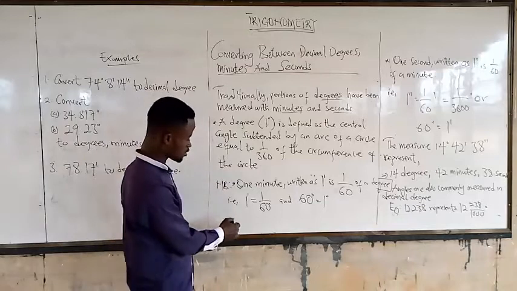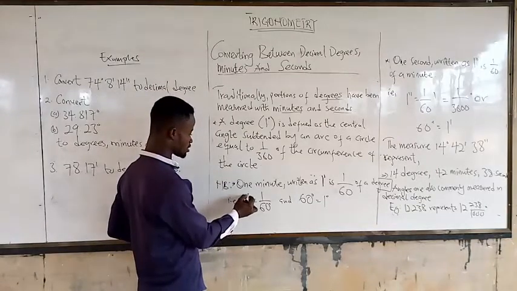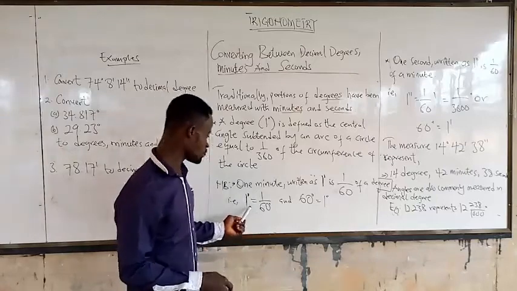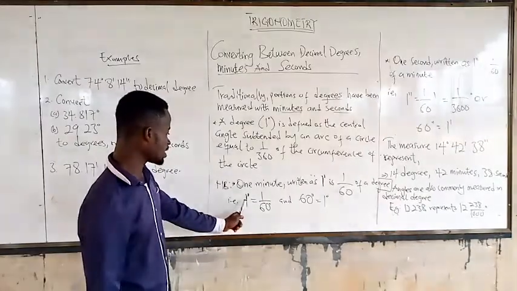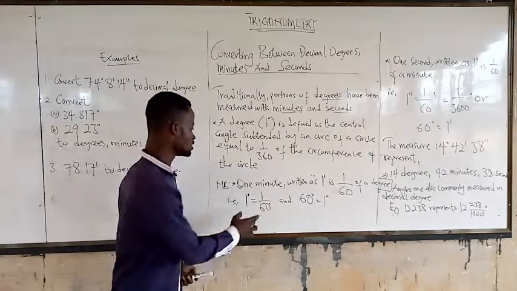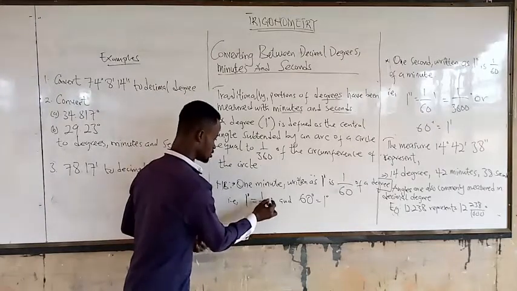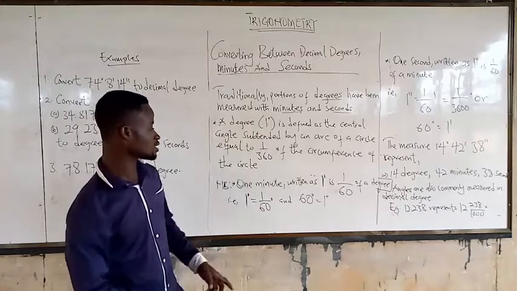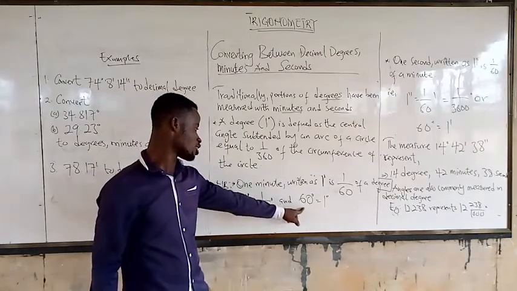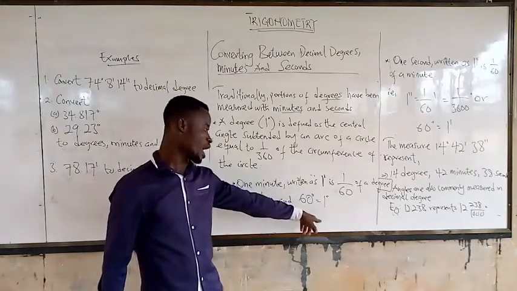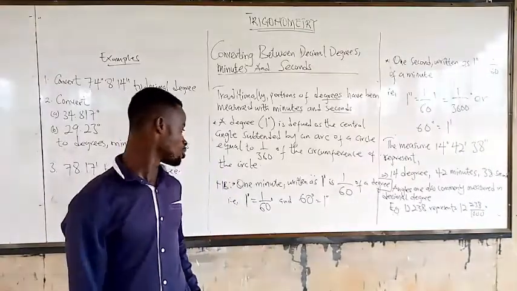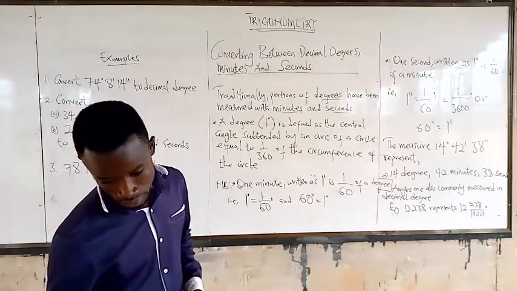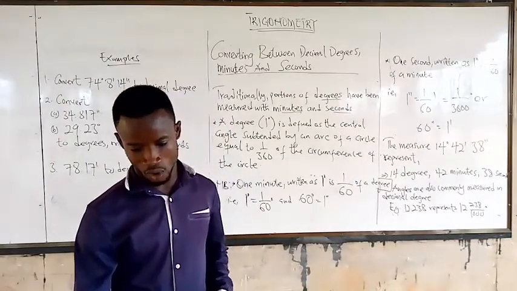That means that if you have 1 minute, it's equal to 1 over 60, and if 1 minute is equal to 1 over 60 degrees, then we can also say that 60 minutes will be equal to 1 degree.